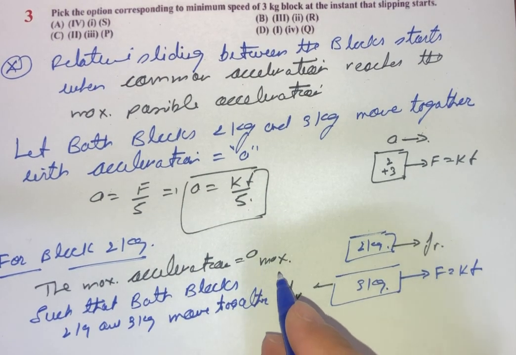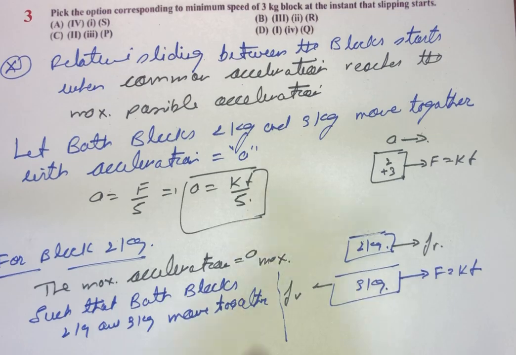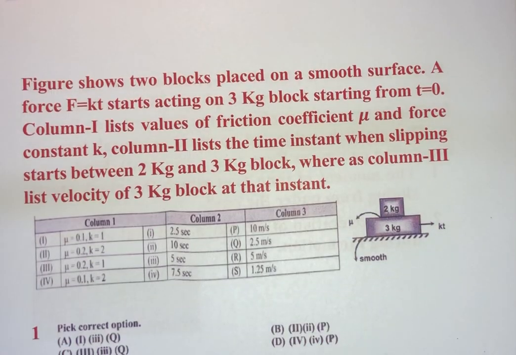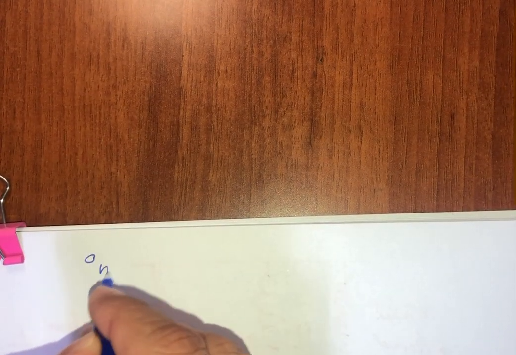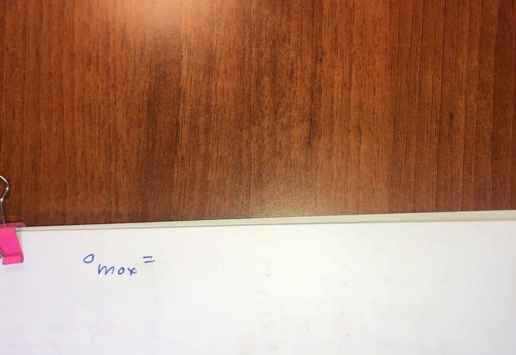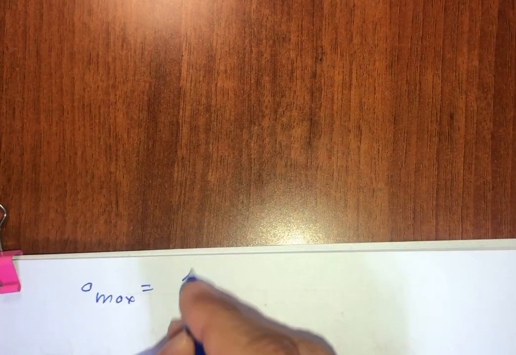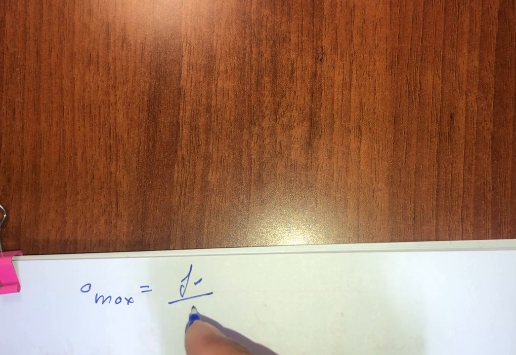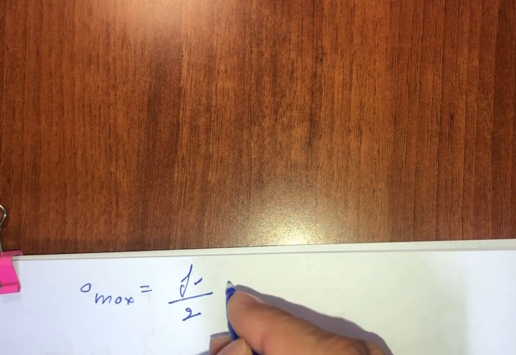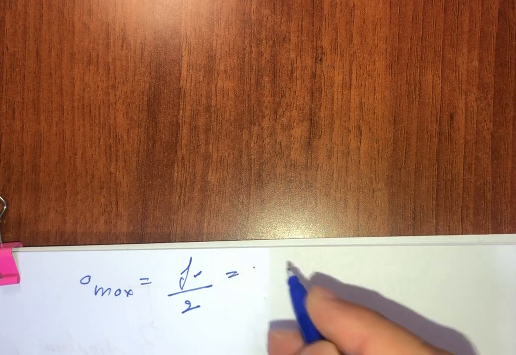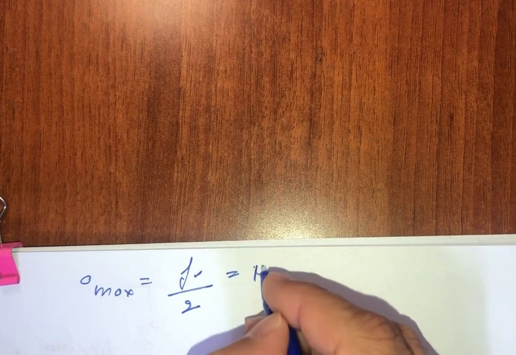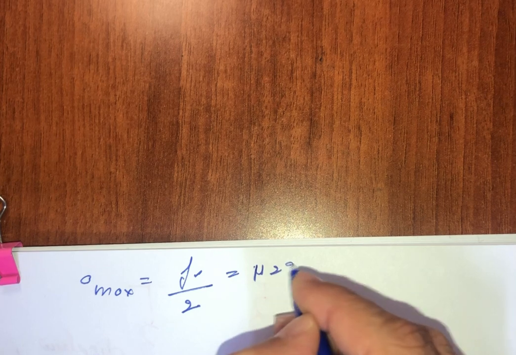Amax will be equal to the force Fr divided by the mass, that is 2 kg, and Fr we already know is mu 2g.